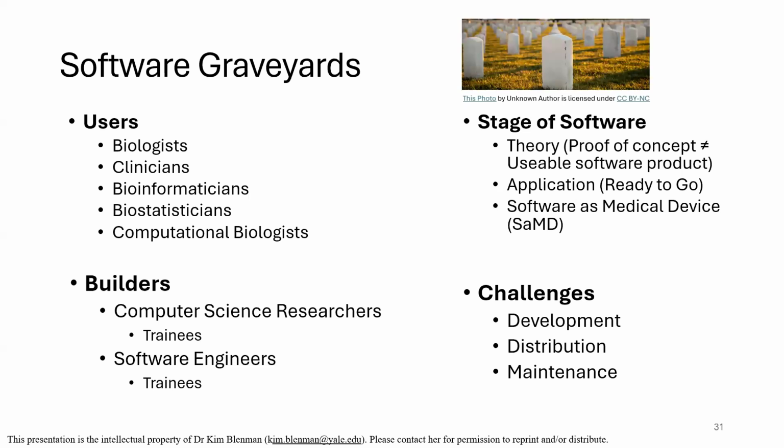When we think about the quality of software and therefore reliability, I think about the stage that the software is in. And so for me, I bucket this into 3 groups. The first group is more theoretical, right?